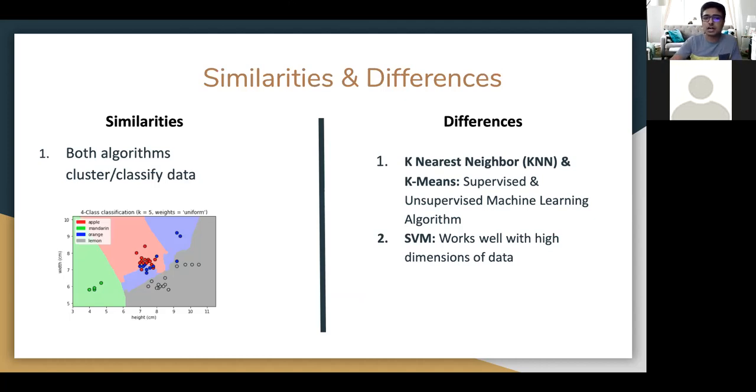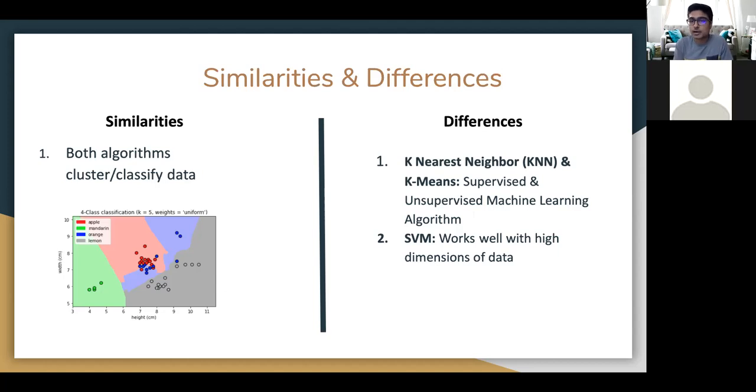However, the differences are where there are some more differences, obviously, compared to the similarities. The KNN and the K-means algorithm are both supervised and unsupervised machine algorithms, unlike an SVM, which I believe is an unsupervised machine learning algorithm. But the main difference is that the KNN and K-means, like I mentioned before, do not work well with large dimensions of data.